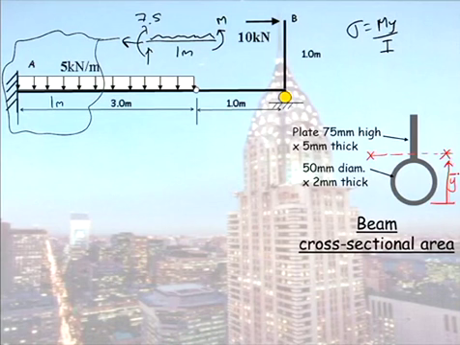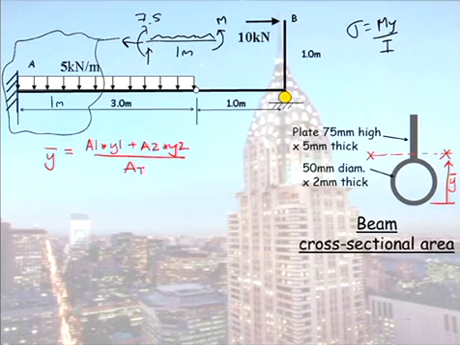Now, remember to find where the neutral axis is, we effectively divide our section up into areas. So that would be area 1 times Y1 plus area 2 times Y2 divided by my total area. So I'm going to refer to my circle as area 1 and my plate as area 2.